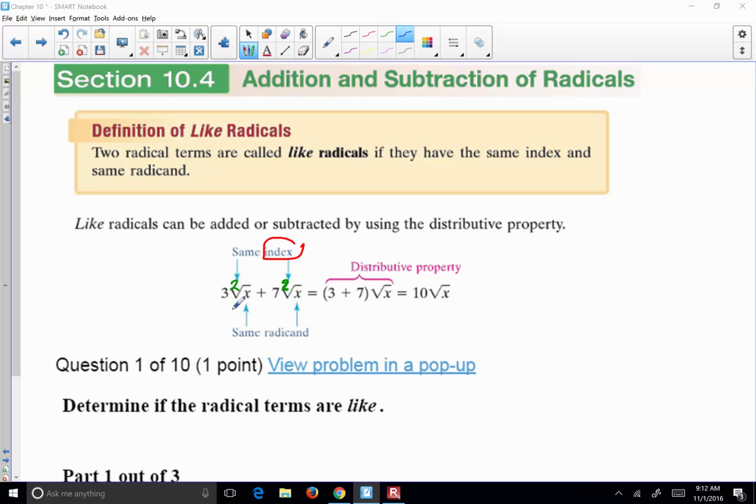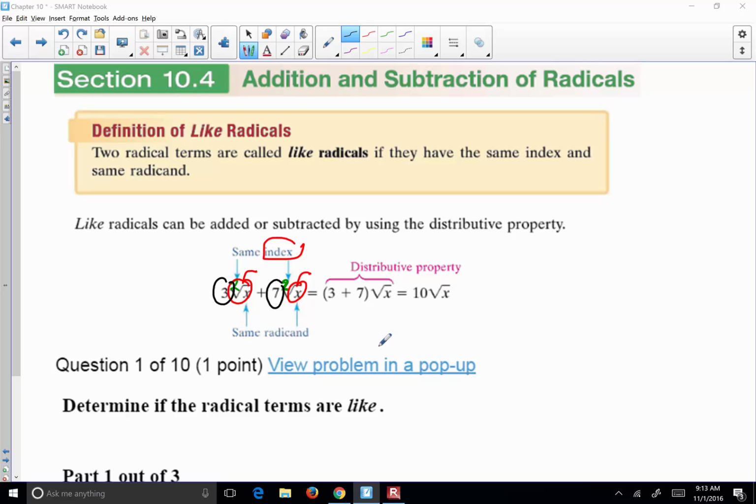Once you see all these matching, just imagine you're adding 2 sets of apples. You have 3 apples, 7 more apples. All you need to do is add up the numbers in front. 3 plus 7. 3 apples, 7 more apples makes 10 apples. Alright?